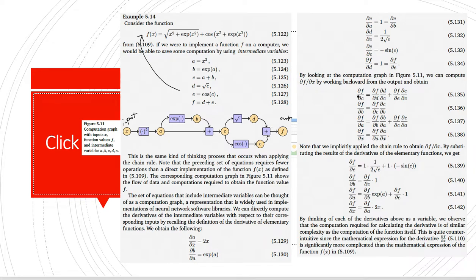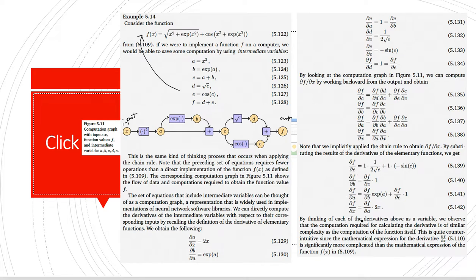First, we take the partial derivative of f with respect to c, then f with respect to b, then we get a, and from a we get x. Note that we implicitly apply the chain rule to obtain the partial derivative of f over x by substituting the results of the derivatives of the elementary functions. We will get it like this.